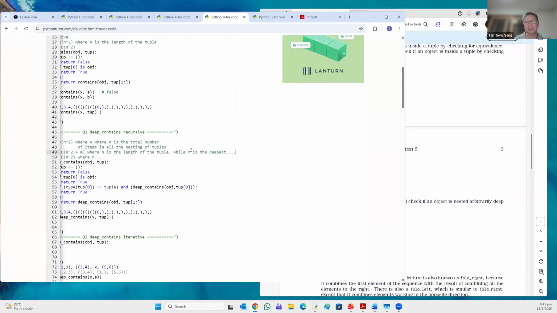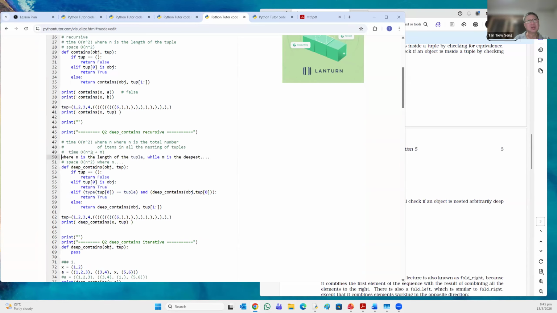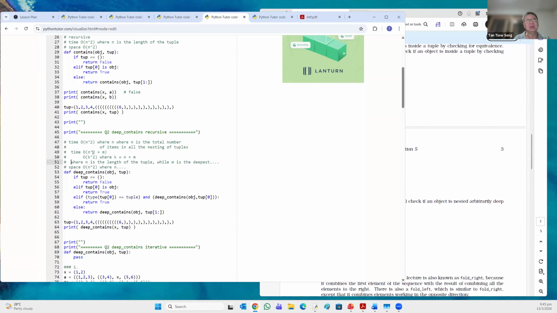But in any case, if you sum both, if you want to be really precise, then this will be O(k squared), where k is equal to n plus m. Okay, this is playing safe, kiasu style.